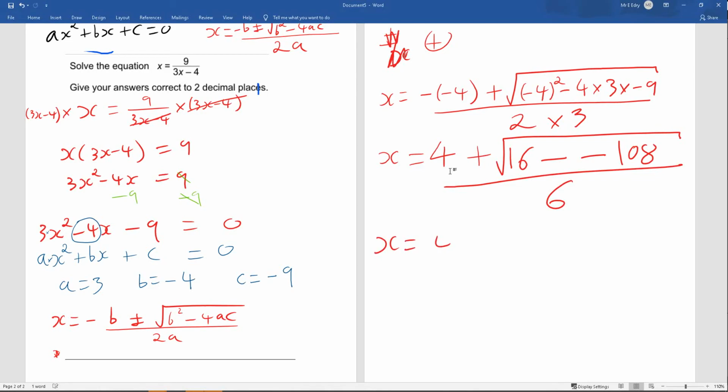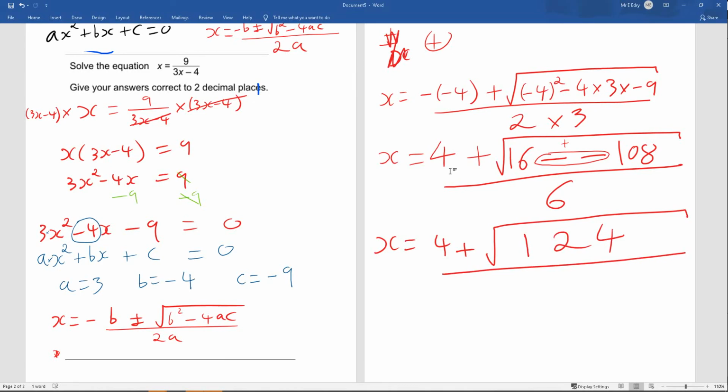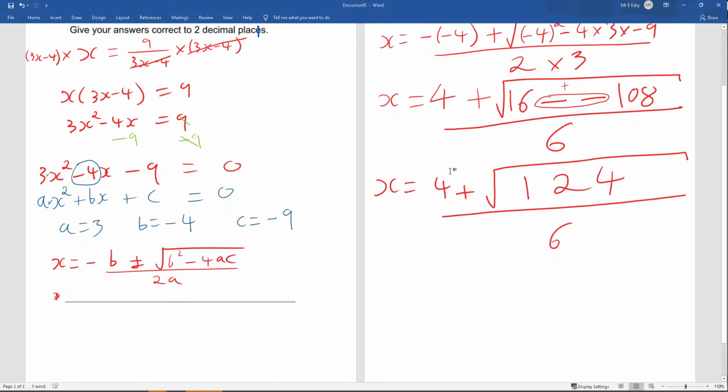So I have x equals 4 plus the square root of 16 take away minus 108, which just becomes 16 plus 108, because minus multiplied by minus is a plus. So I will have 124. All of that will be over 6.